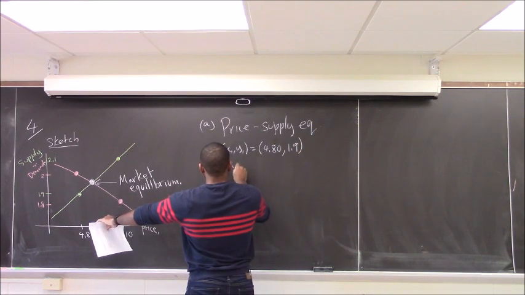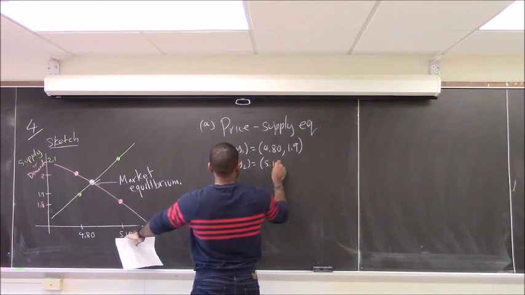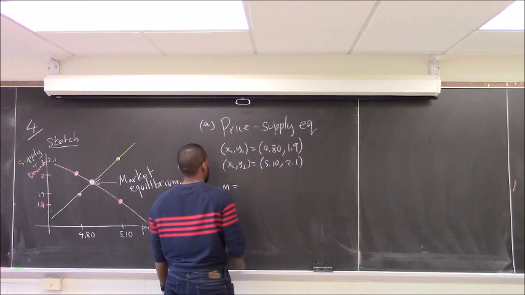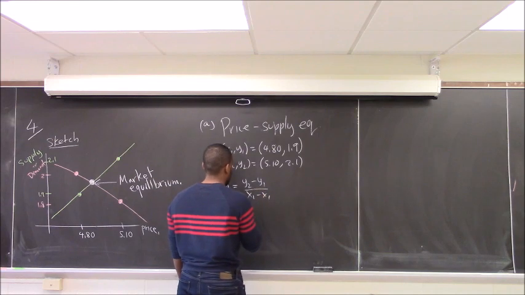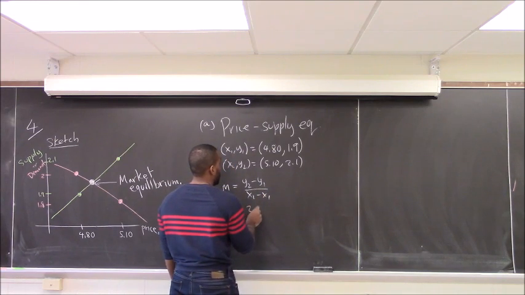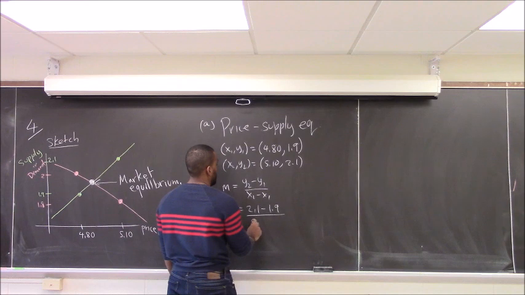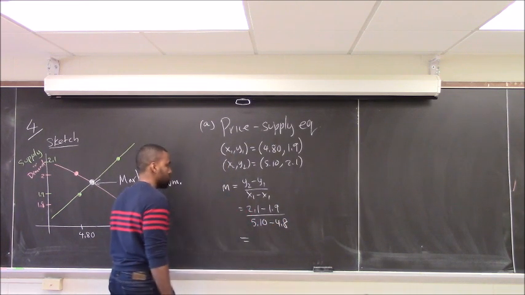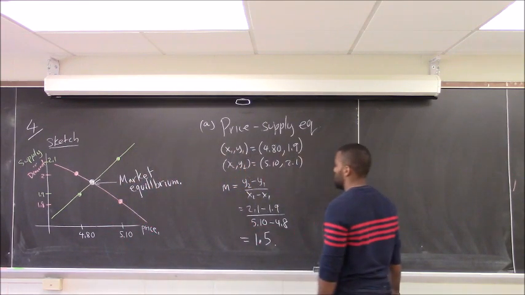And then your x2, y2 is going to be the 510, comma 2.1. We know that the slope is going to be y2 minus y1 over x2 minus x1. So that's going to be 2.1 minus 1.9 divided by 510 minus 480. And what's that? 1.5? So that gives you 1.5.